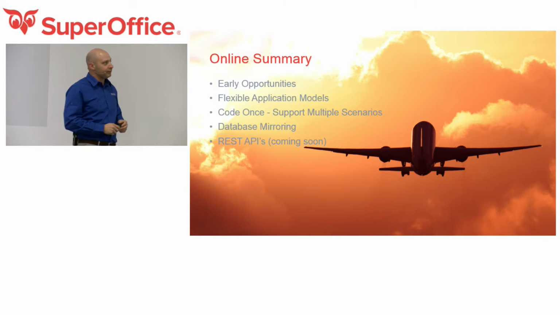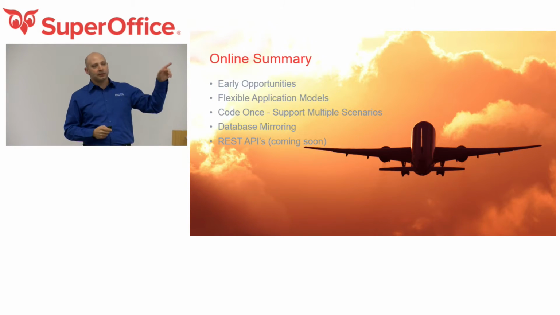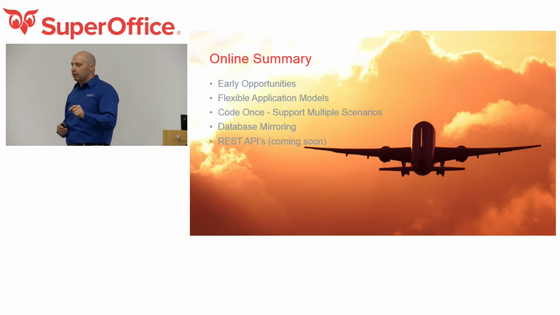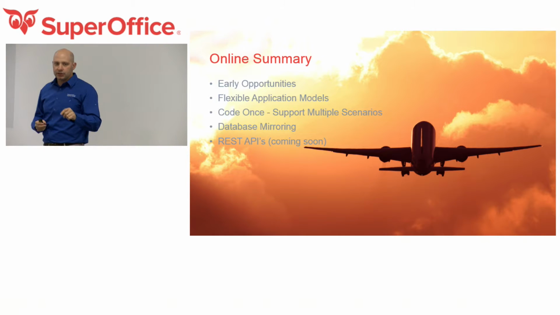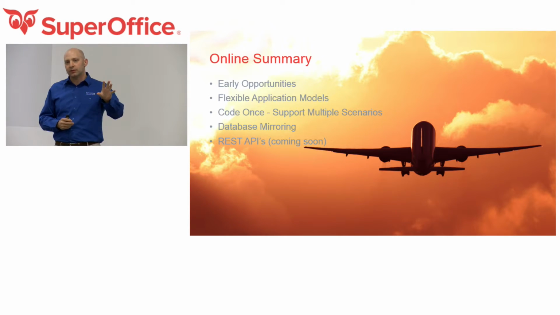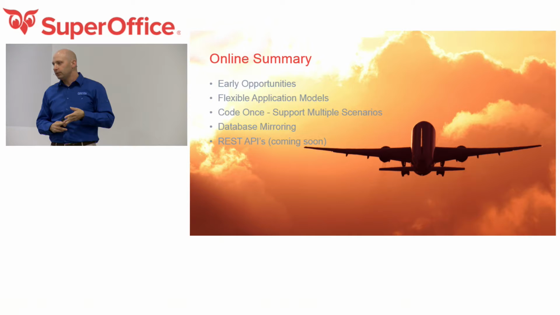REST APIs. In online, coming soon. The online team is working very hard to make sure that we get a very solid OAuth 2 capability so that we can just give you a single ASP.NET web plugin that you install in your startup config, like you do the Google login, like you do a Facebook login, or like you do other types of federated authenticated logins.